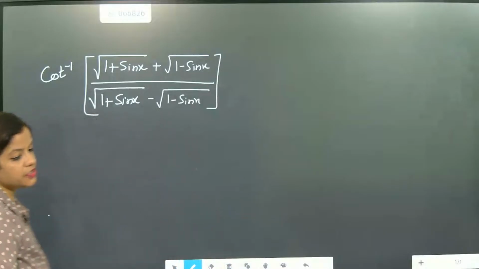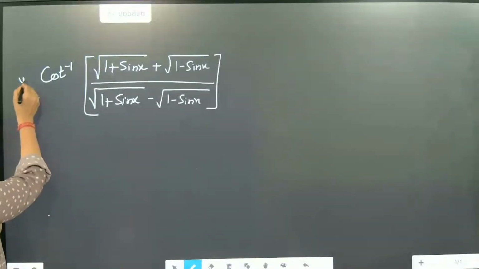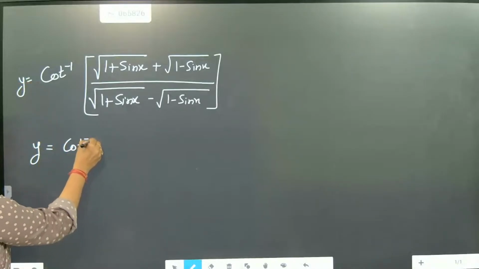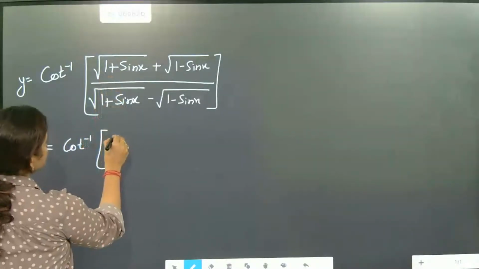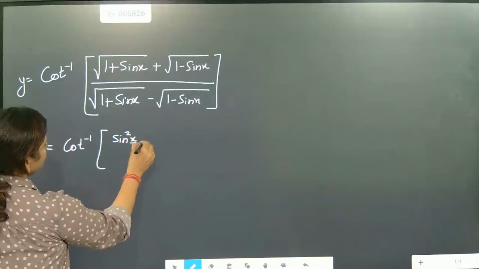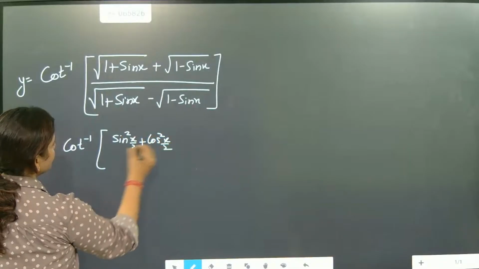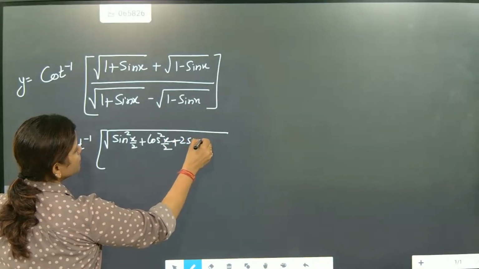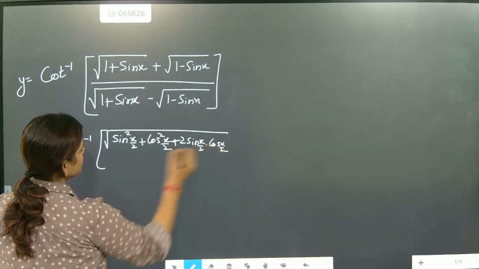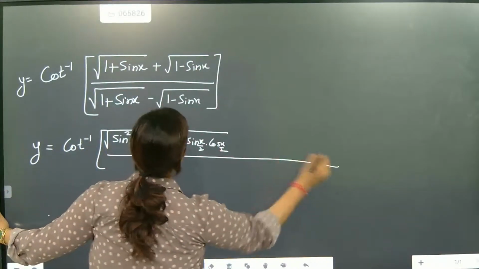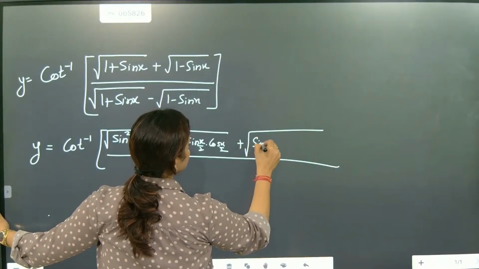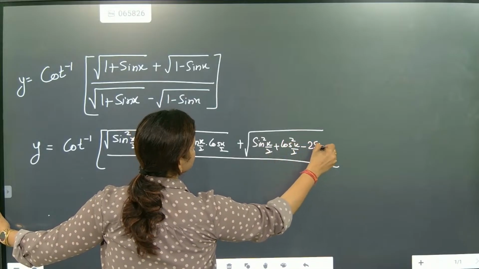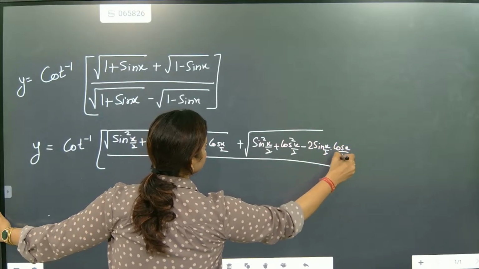So already I have taught this question, how to differentiate it. This will be equal to y. When you are solving this question, please be very, very precautious. So here it will come as cot inverse root under sine square x by 2 plus cos square x by 2 plus 2 sine x by 2 into cos x by 2, plus sin square x by 2 plus cos square x by 2 minus 2 sin x by 2 into cos x by 2.